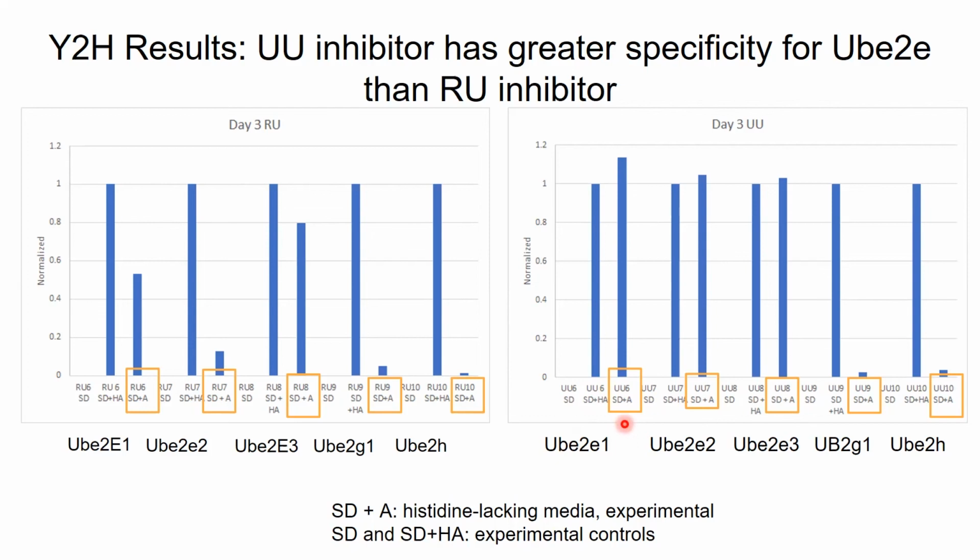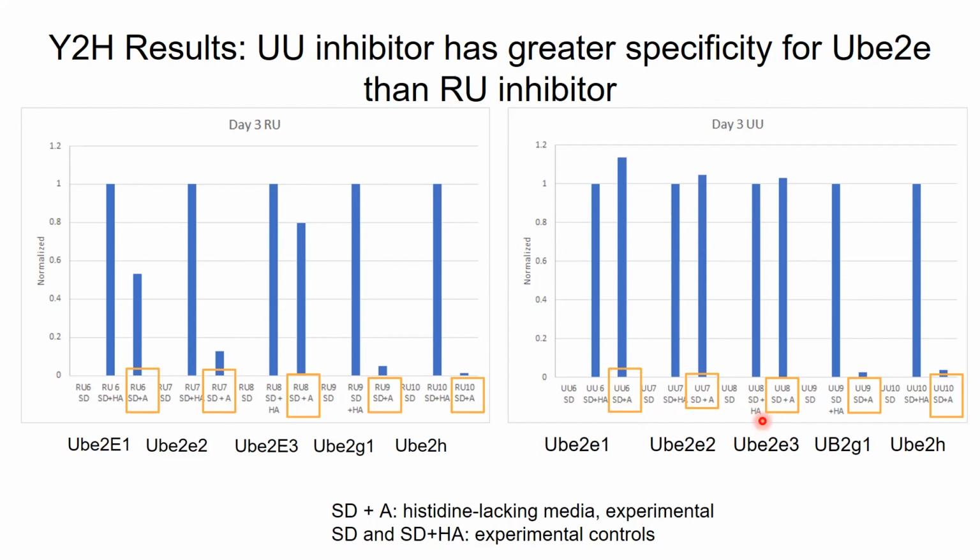So this is very useful because if the two proteins conjugate, then we know that there's some interaction between the inhibitor and the E2s. So as you can see here, the experimental columns for the UBE2E1, UBE2E2, UBE2E3, they all interact, and that shows us that there's interaction between the two proteins, so there's likely something there. And for the UBE2G1 and the UBE2H, they do not.